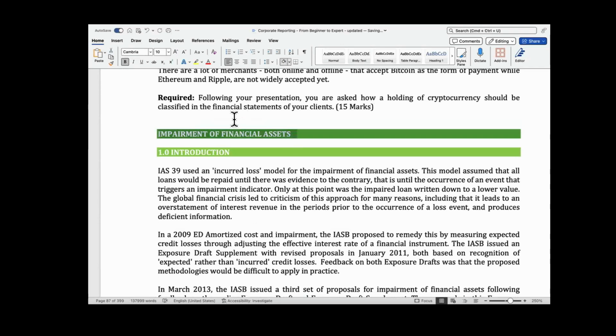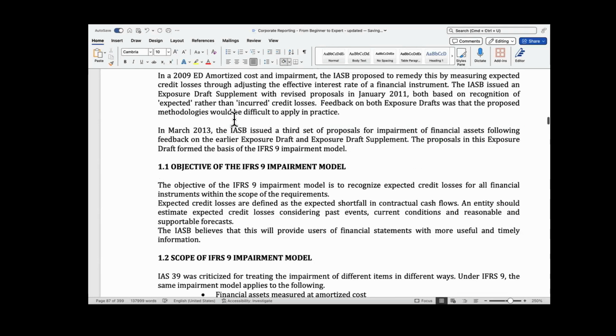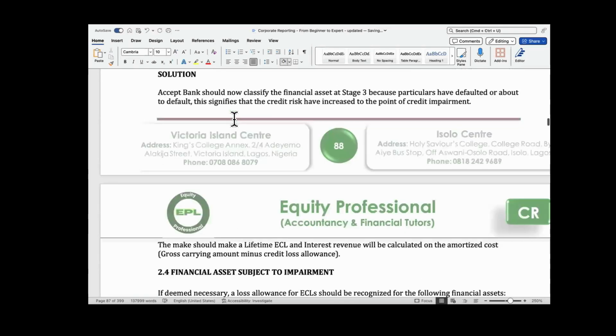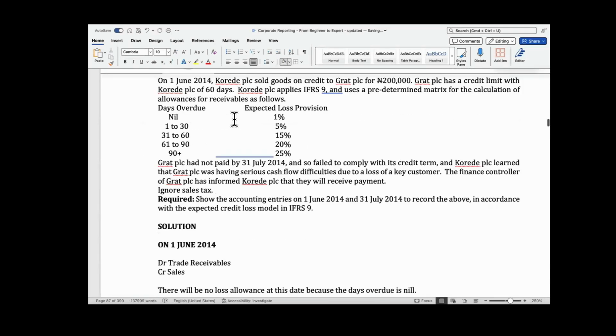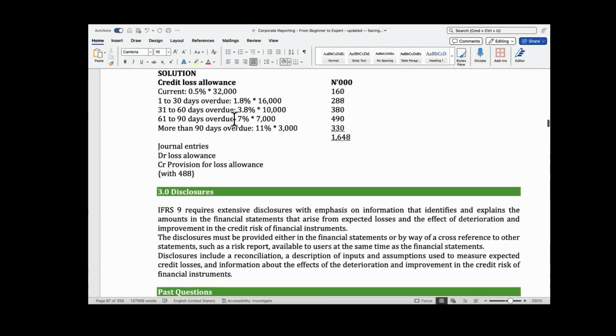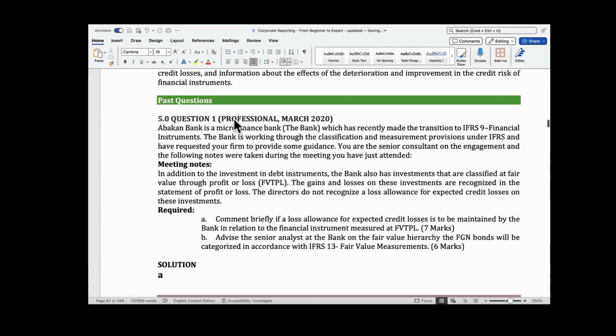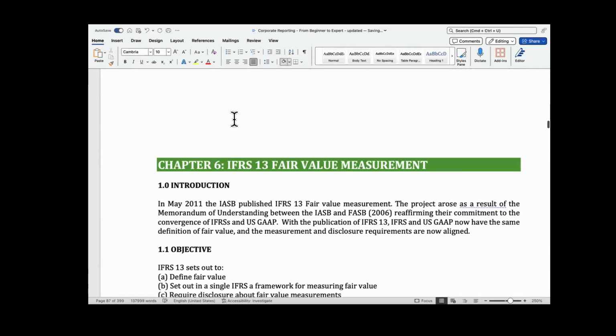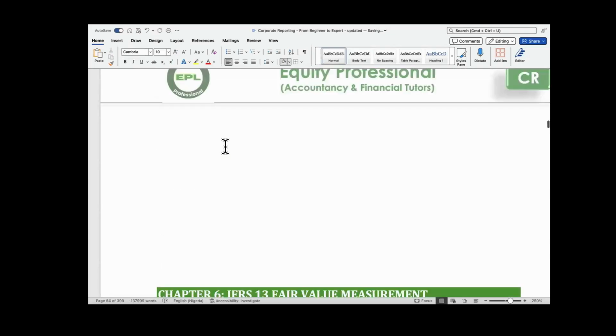Then that will be the end of financial instruments. Then we'll look at some past questions to end it. Then we'll go to a new topic, fair value measurement.